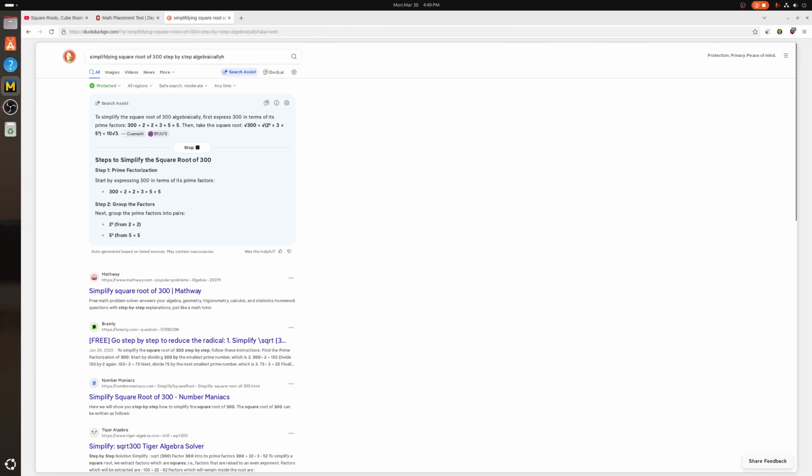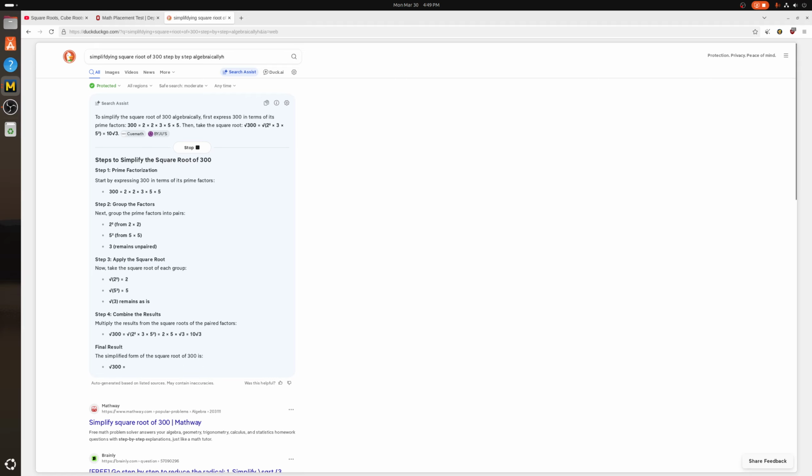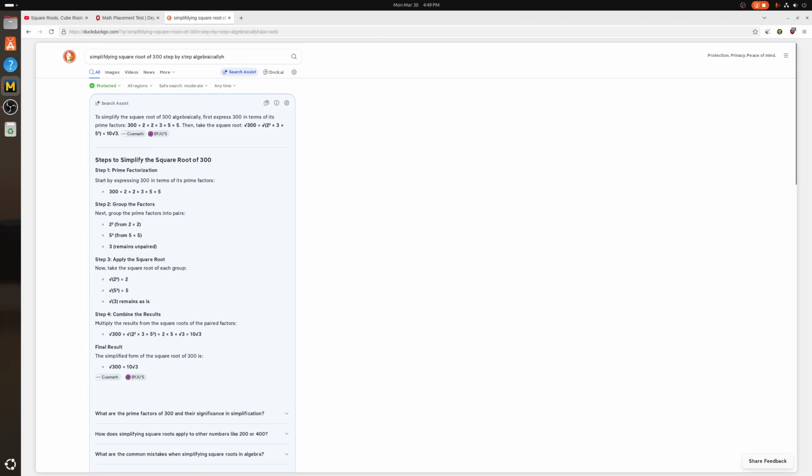First express 300 in terms of its prime factors. 2, 2, 3, 5, 5. Prime factorization. What kind of method is this? You take 2, 2, 3, 5, 5, where you just pull out of your ass? Like, yeah, basically.